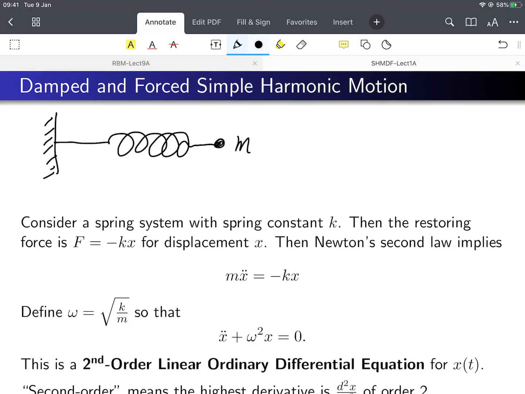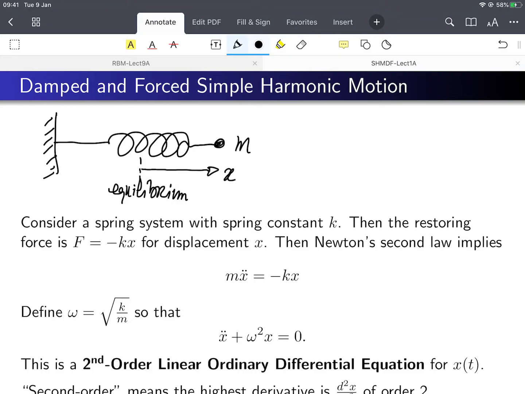with the mass m at the end of the spring of stiffness k, and then say here is the equilibrium position, and then you measure the extension with respect to that position.